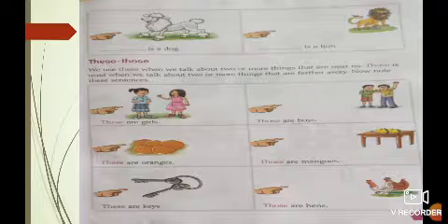In the same way, those is used when we talk about two or more things that are farther away. The things which are more in number but they are far away from us, we will use those. For example, those are boys, those are mangoes, those are hens.